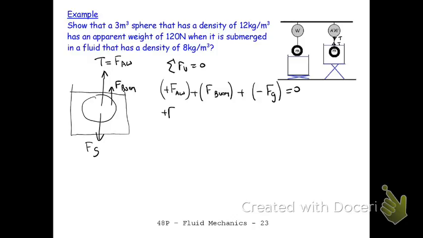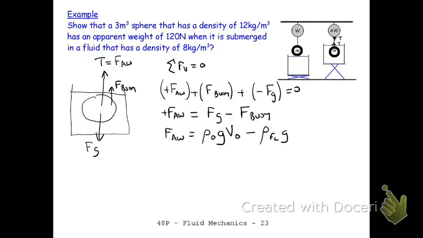I want this F apparent weight, and that equals Fg minus F buoyancy. So F apparent weight is equal to the density of the object times g times the volume of the object, minus the density of the fluid times g times the volume of the displaced fluid.